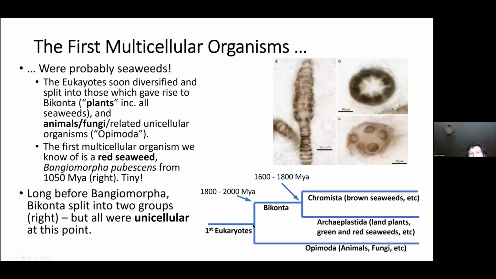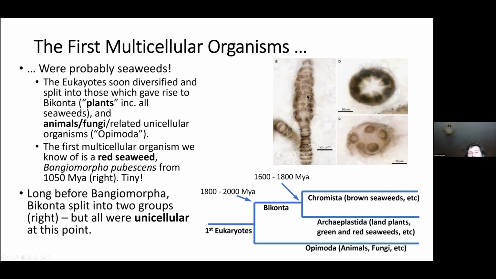Well, the first split in the eukaryotes, the organisms with complicated cells, if you like, was between one group which gave rise to the seaweeds and the land plants, and the other group which eventually gave rise to the animals and fungi.